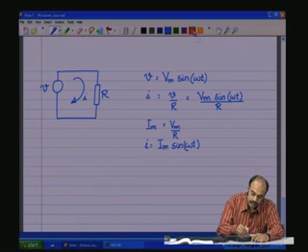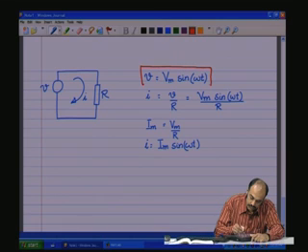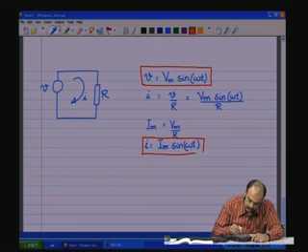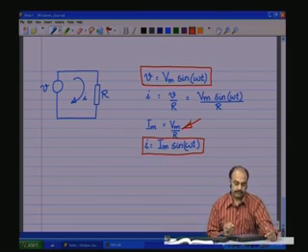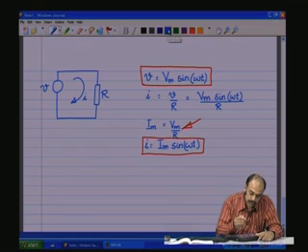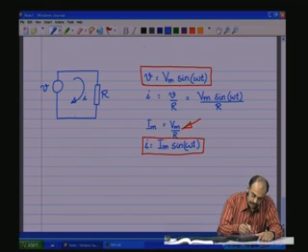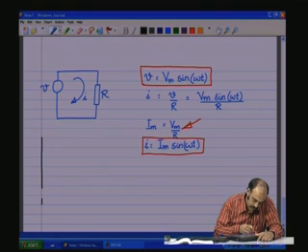Just keep a note of this equation for the voltage and this equation for the current, and of course, the current and voltage are related through this. Now, let us look at the waveform of the current and the voltage together.